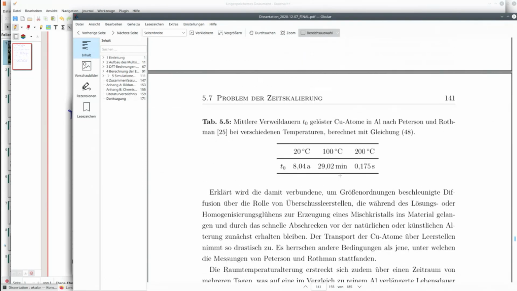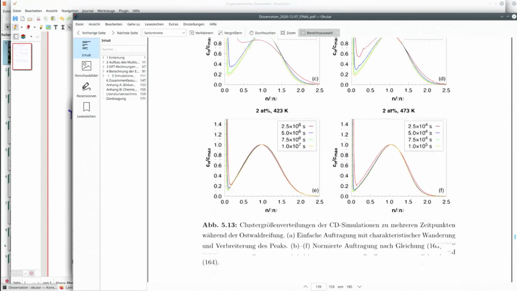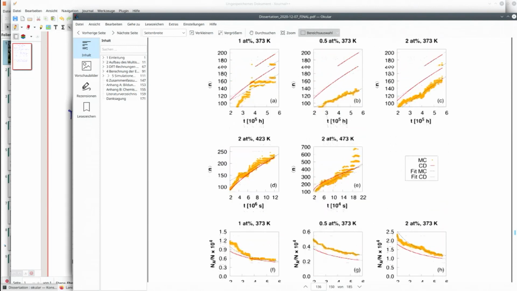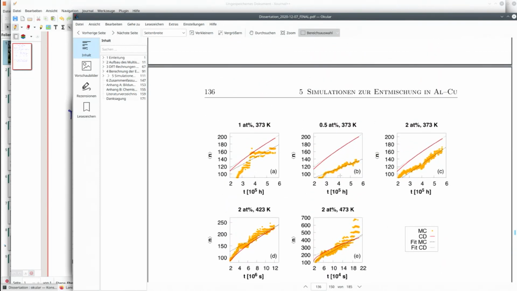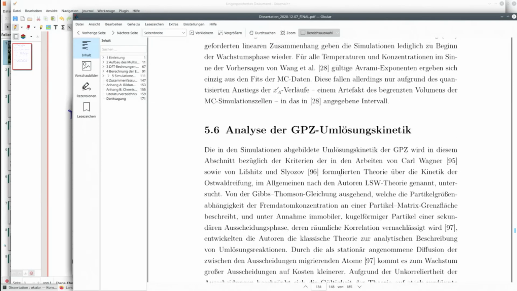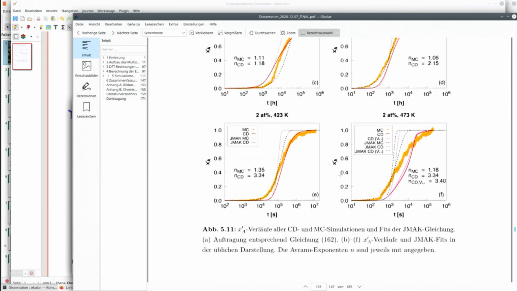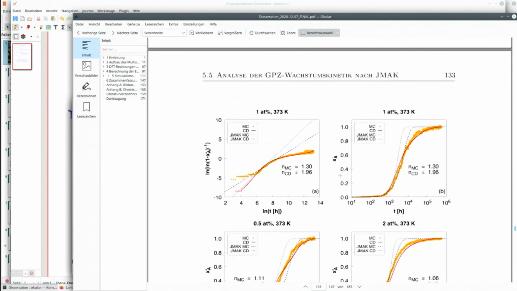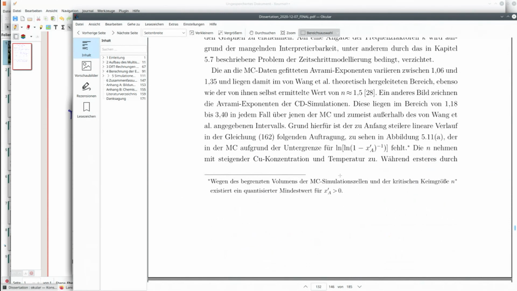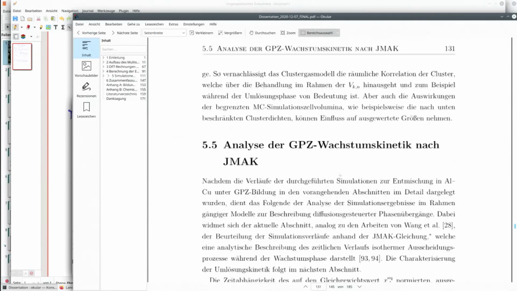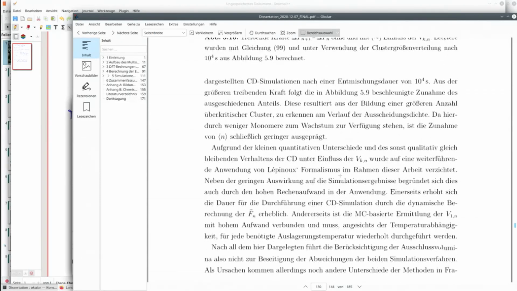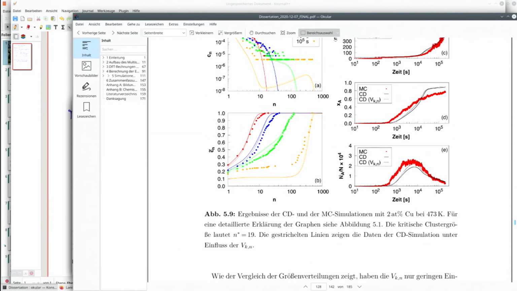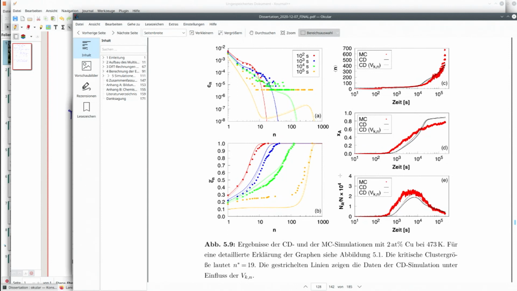And you also determine size distributions. Here he tried to fit this kinetics. Here's what I was searching for.